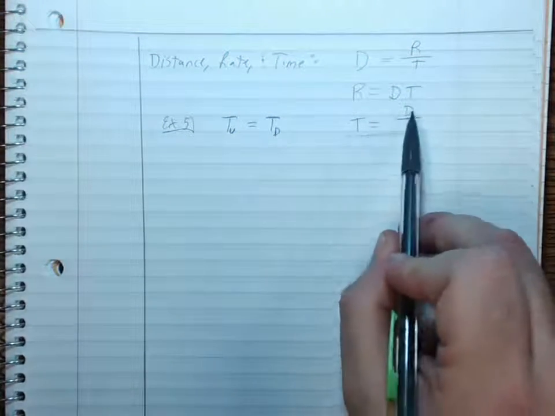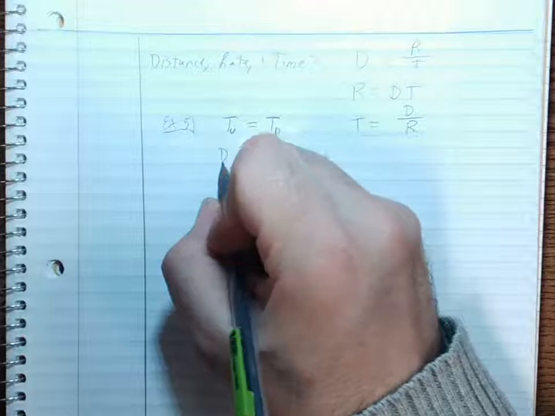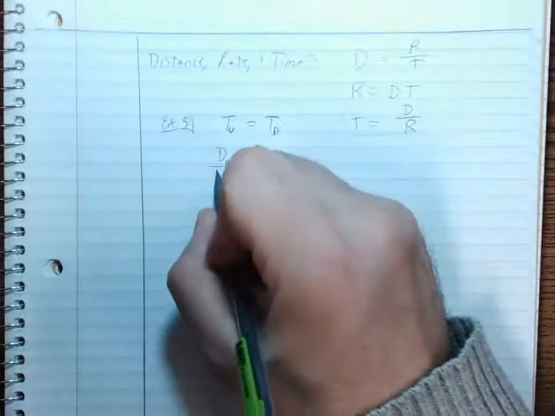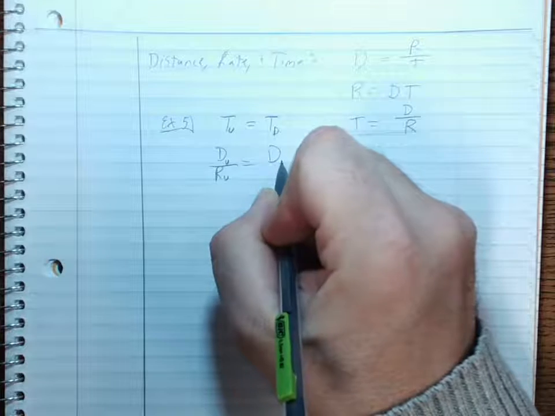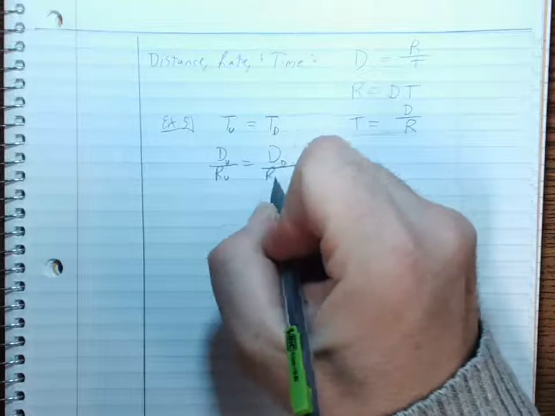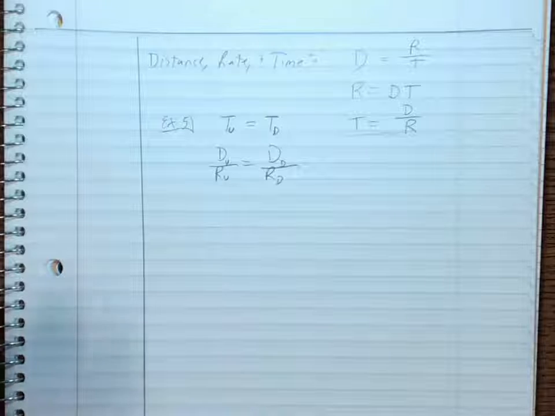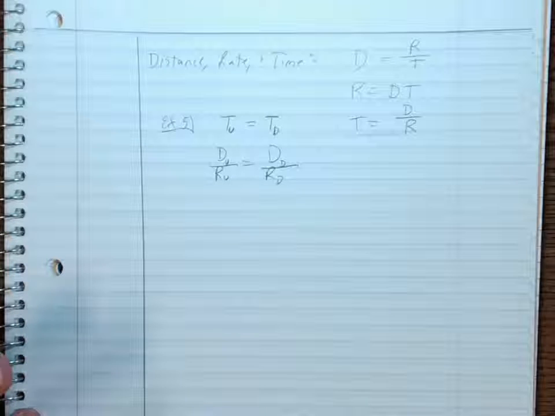Now we know time is equal to distance over rate. That means the distance going upstream divided by the rate going upstream should equal the distance going downstream over the rate going downstream. And I realize there's a lot of little subletters there, subscripts.